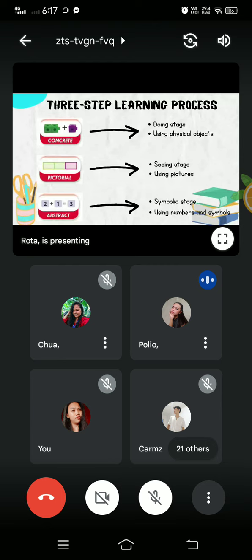The abstract stage involves the teacher introducing abstract concepts, for example, mathematical symbols. So children are introduced to the concept at a symbolic level using only numbers, notations, and mathematical symbols to indicate addition, multiplication, or division.